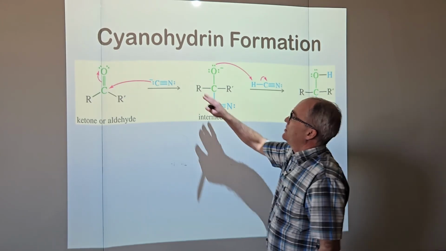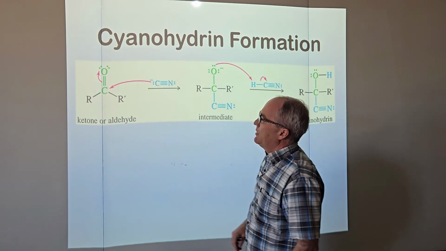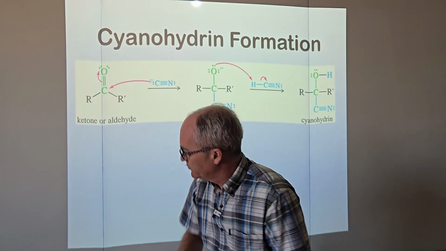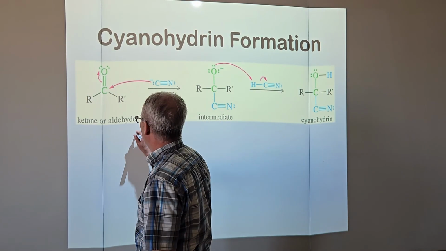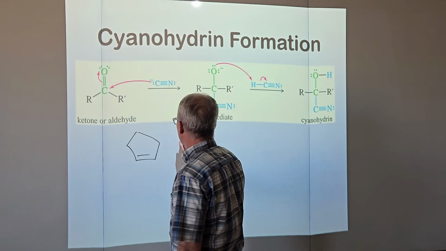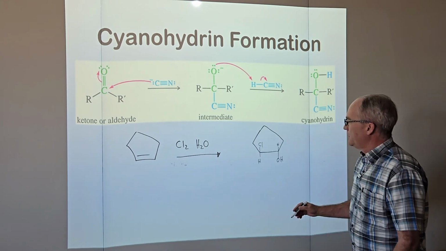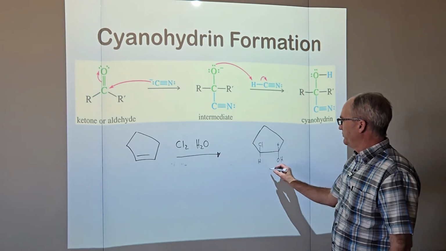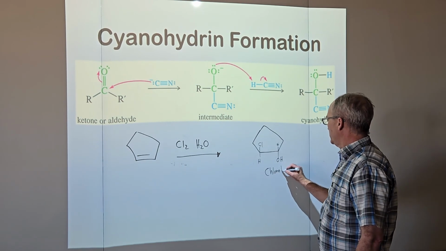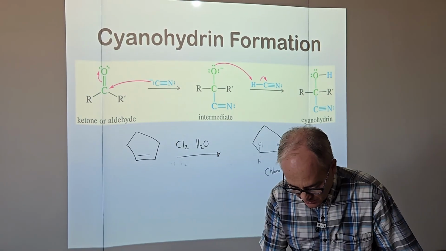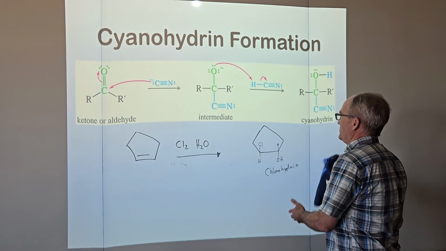Cyanohydrin. We saw another hydrin a while back when we did something like this, and it was an anti-dil. And I believe this would be called a chlorohydrin. So a little similar naming.